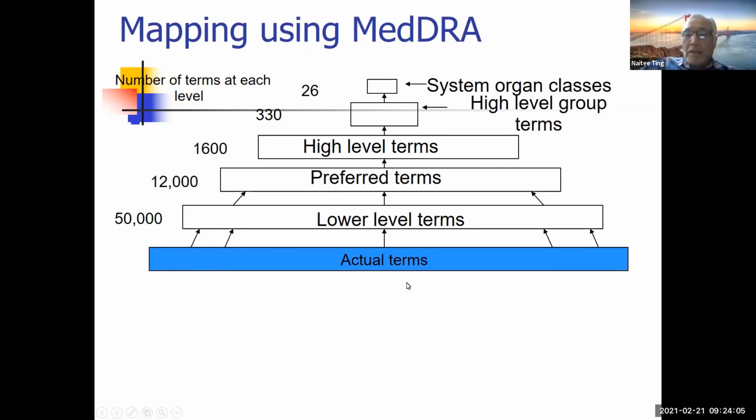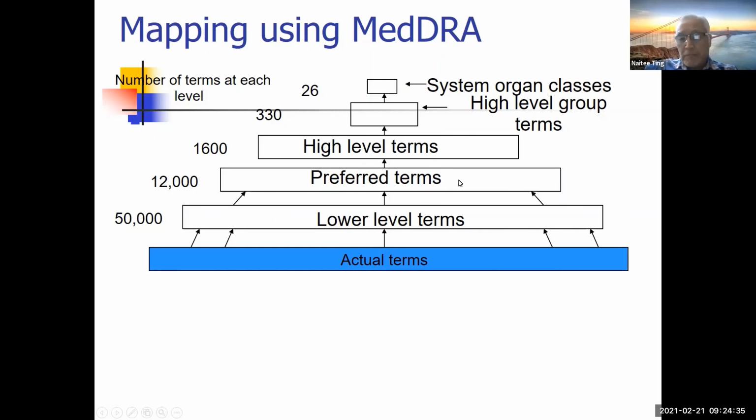Now we have to map this actual term into the lower level term, and this lower level term will be mapped into the preferred term. The preferred term will be mapped to higher level terms, to high level group terms, and finally up to SOC. So when you look at the AE table, the leftmost column is SOC, and under SOC are the preferred terms.